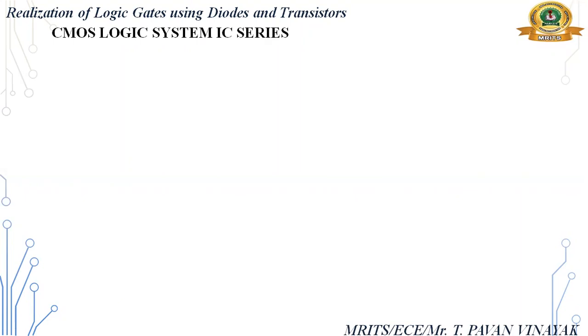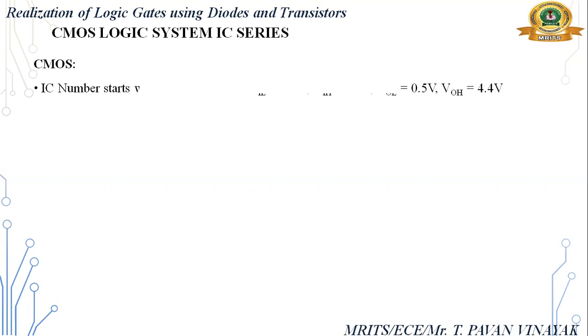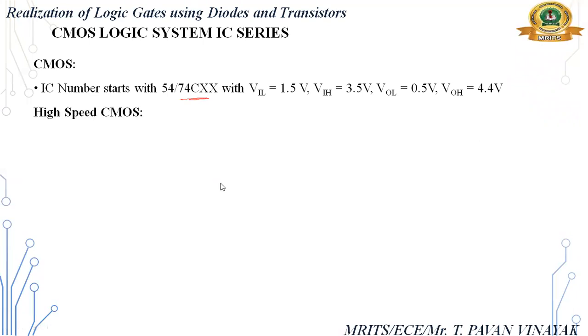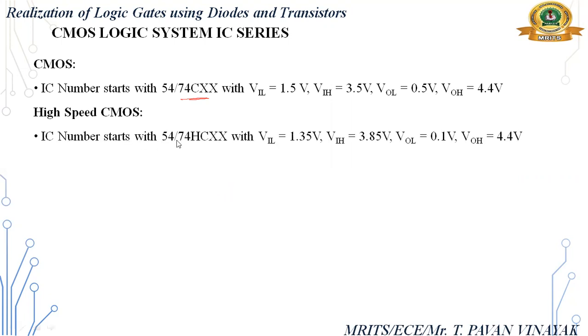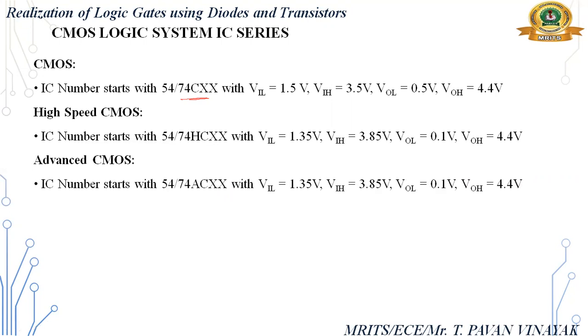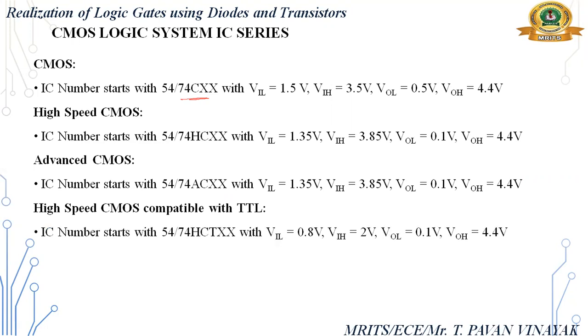CMOS logic system IC series. We have five types. Standard CMOS 74C. High speed CMOS 74HC. Advanced CMOS 74AC. Next, high speed CMOS compatible with TTL, 74HCT.